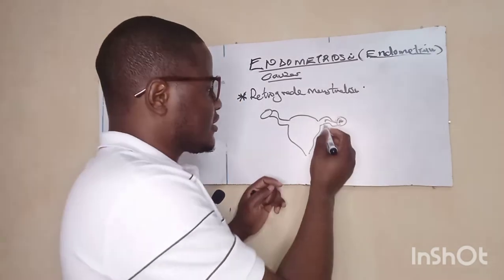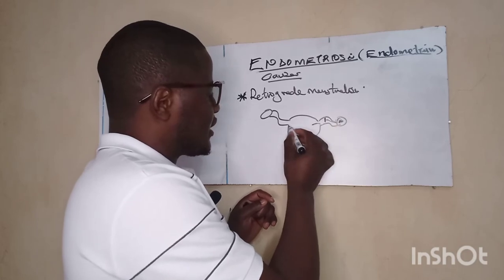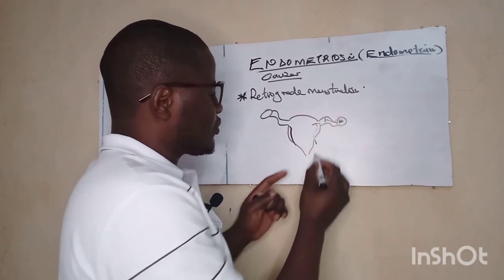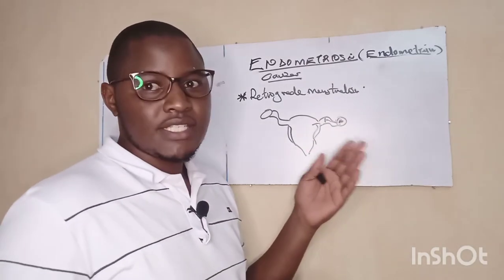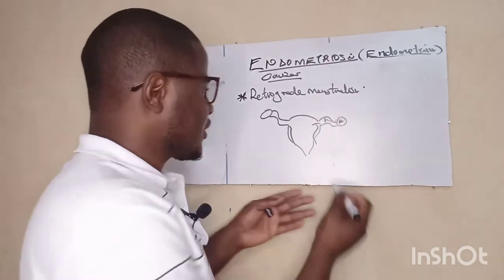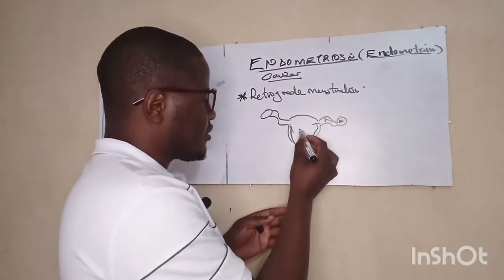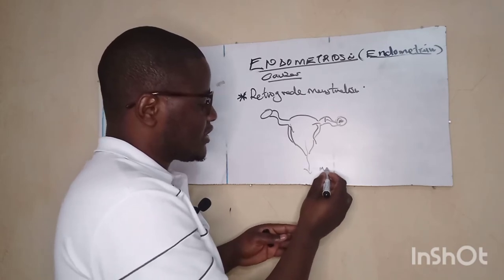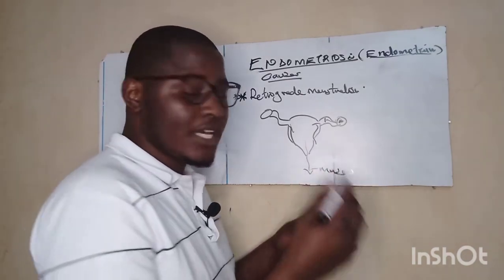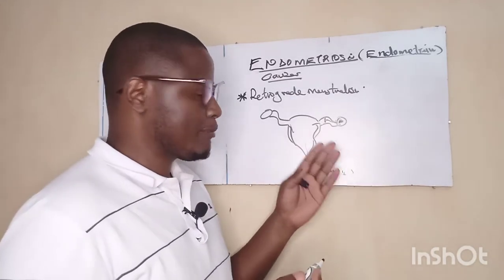After that, the egg moves down and attaches on the walls of the uterus. If there is no fertilization, this layer of the endometrium sheds off and moves out through the cervix into the vagina as menses. That is normally how you experience your menses.